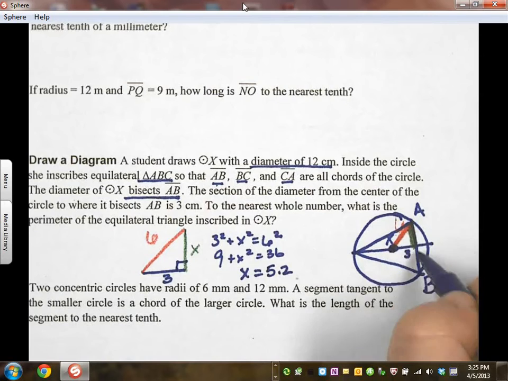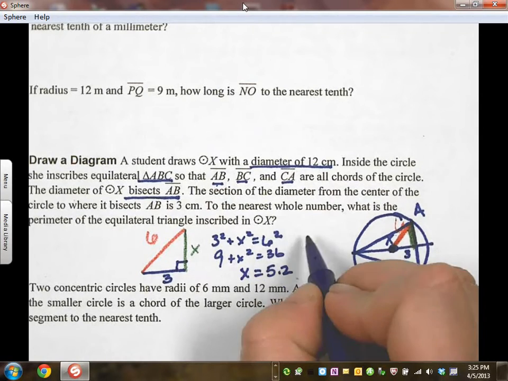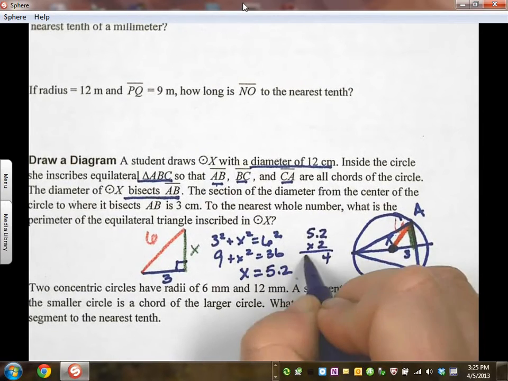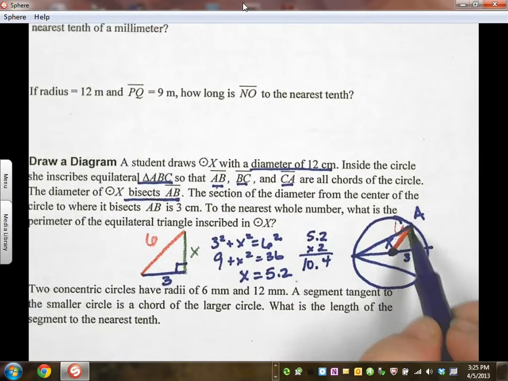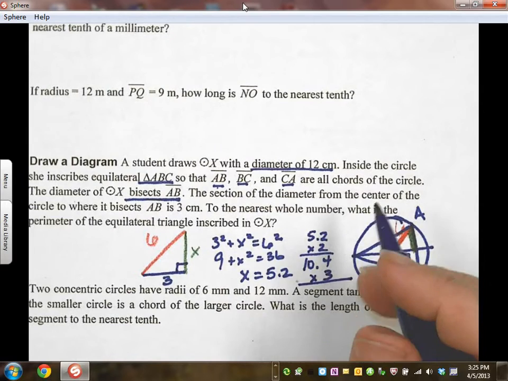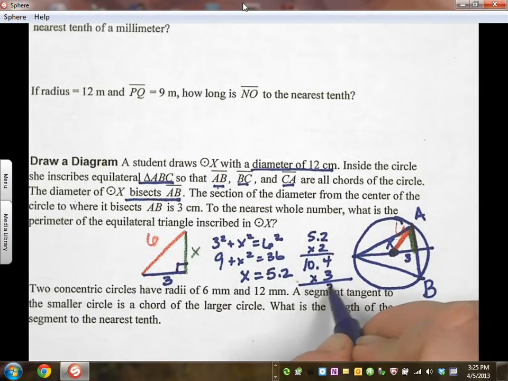So what's the length of that whole side? Well, we have to multiply by 2. 5.2 times 2 is 10.4. How many of those do I have? 3. So my answer is going to be 31 centimeters.